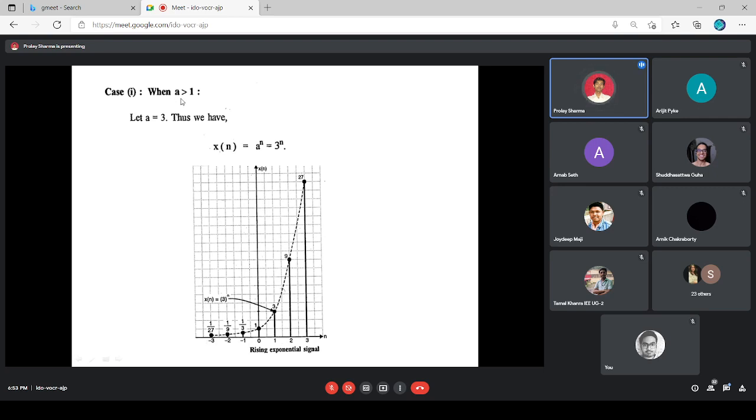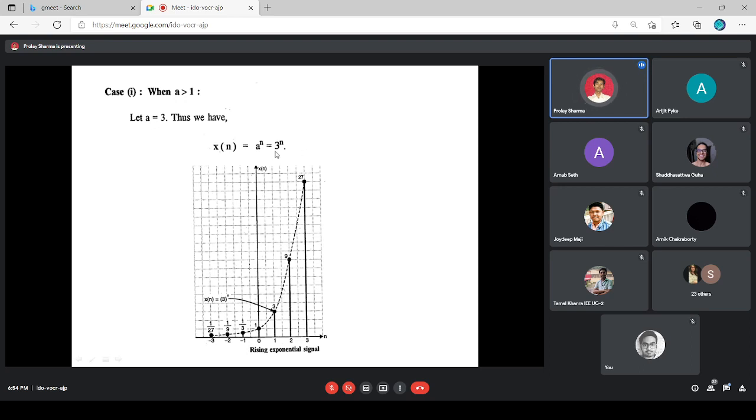Now we'll set some conditions, and you will see how the exponential signal looks with different values of a. When a is greater than 1, suppose a equal to 3, then the signal is 3 to the power n. First of all, n equal to 0, any number to the power 0 is 1.